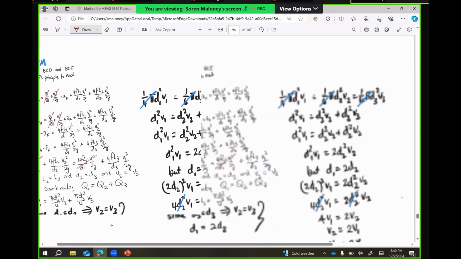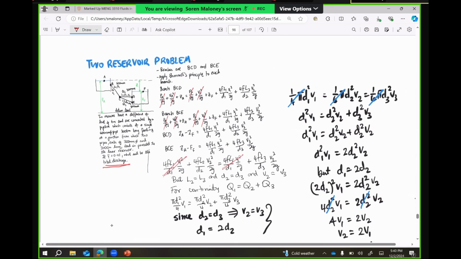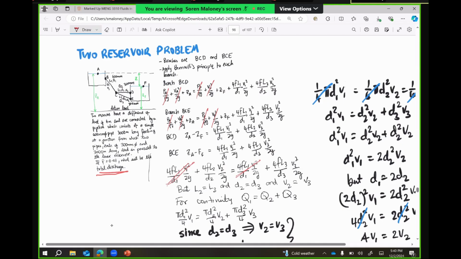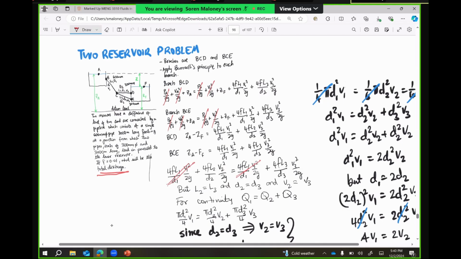So how do we approach this problem? Remember we said Bernoulli's principle can be applied to branches. So I am going to apply it to branch BCD.